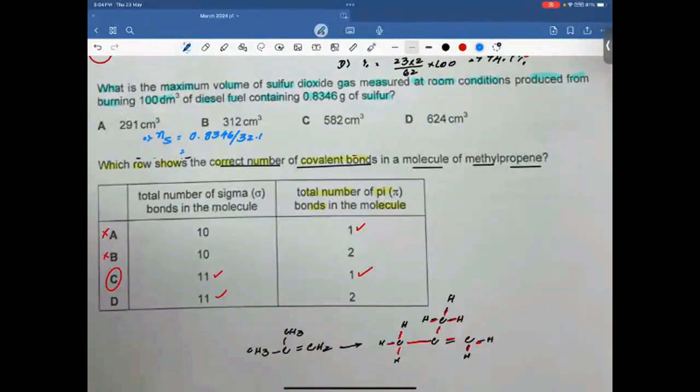Dividing these values gives 0.026 moles. Since moles of sulfur and moles of sulfur dioxide are the same, to calculate the volume of sulfur dioxide at RTP, we multiply moles by the molar volume, which is 24,000 cm3. That gives 624. So 624 cm3 is going to be the right answer.